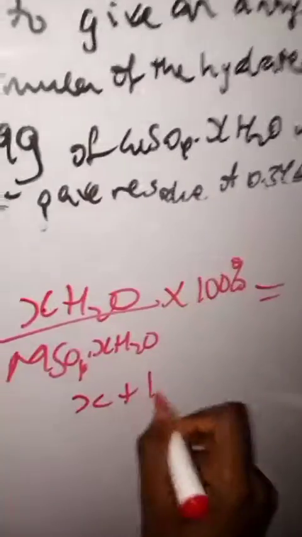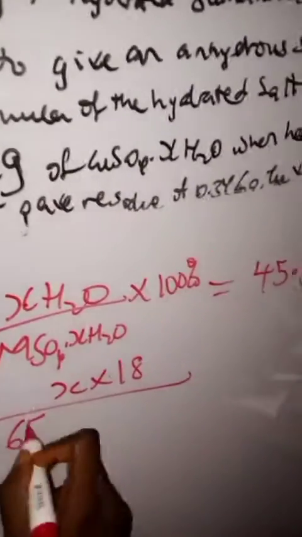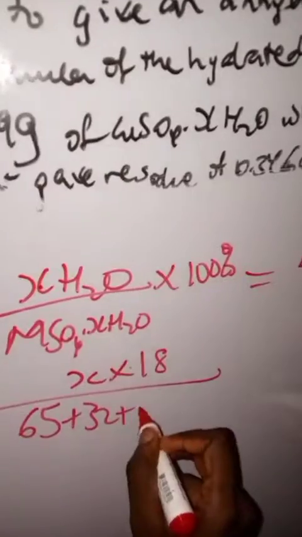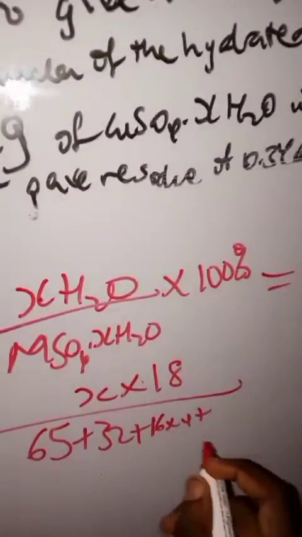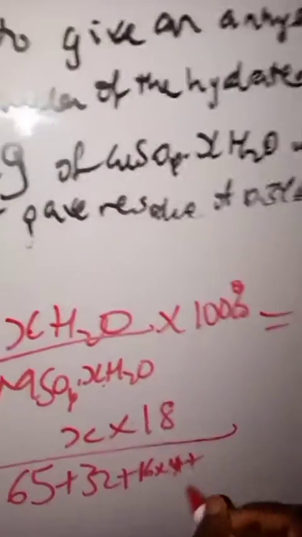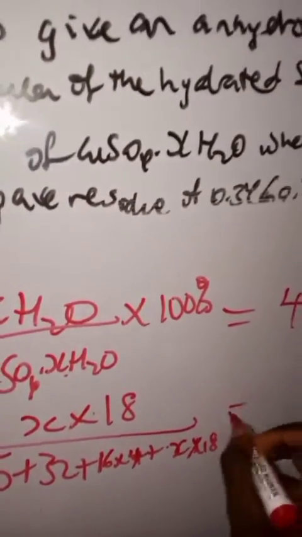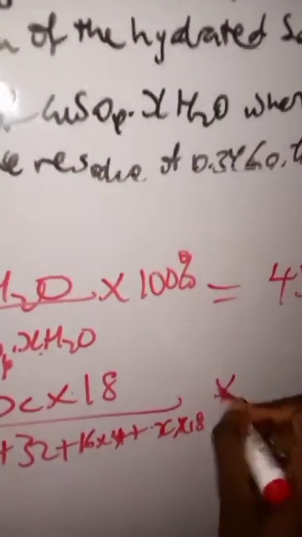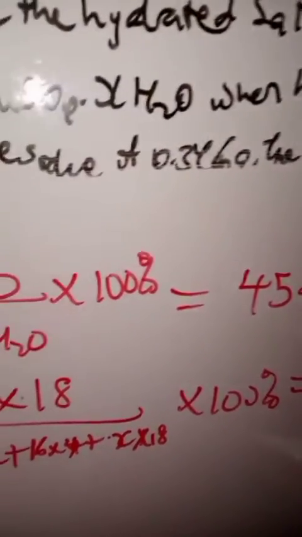So this will be X times 18 all over. Our M is 65, our S is 32, our O is 16 times 4, plus XH2O, that's X times 18, times 100% equals 45.3.